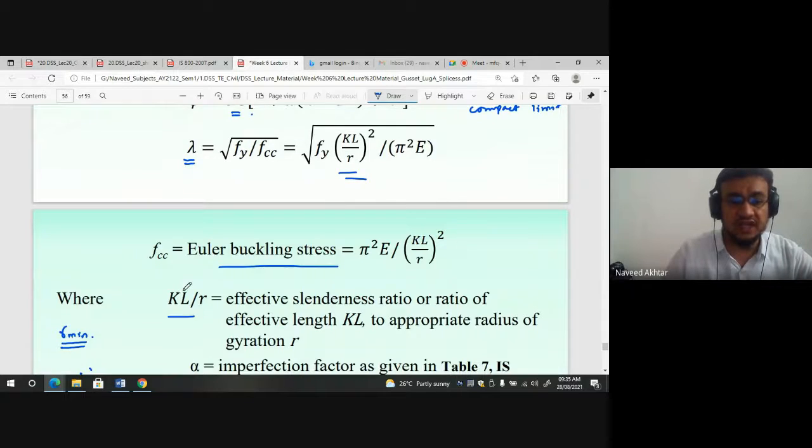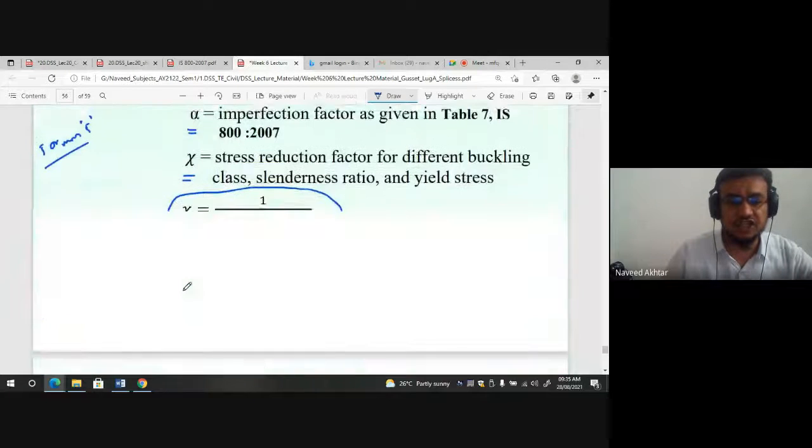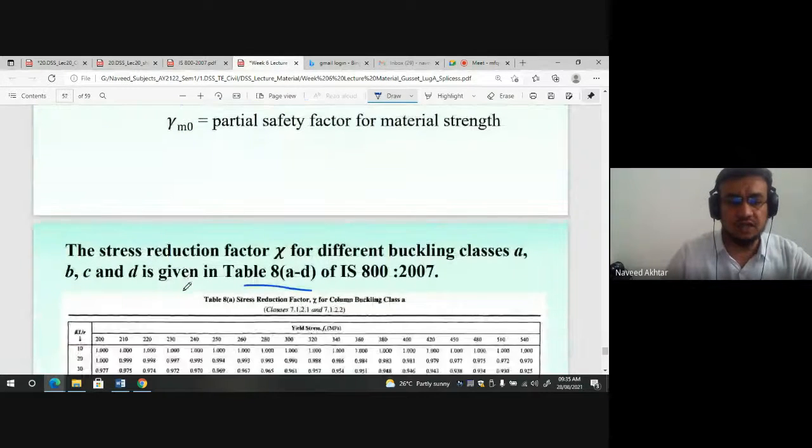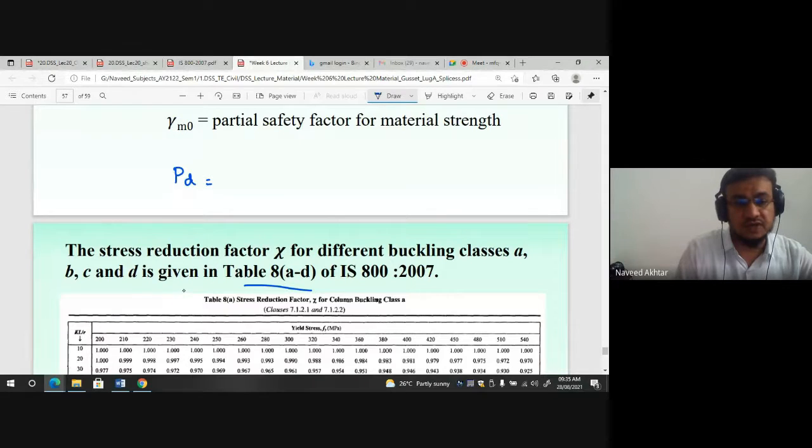Then you know the AG of the section, and if you can find out FCD, then the PD will be nothing but your AE into FCD.